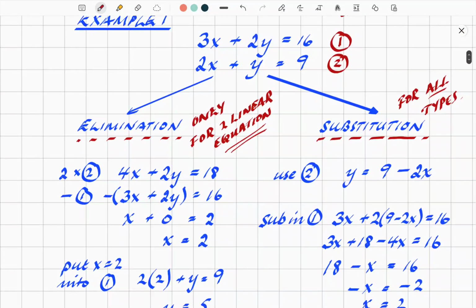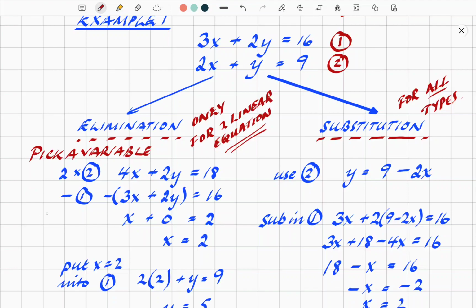So we're going to start by picking one of the variables, either x or y. Step by step, very simply, pick a variable. In this case, I've decided to eliminate y.